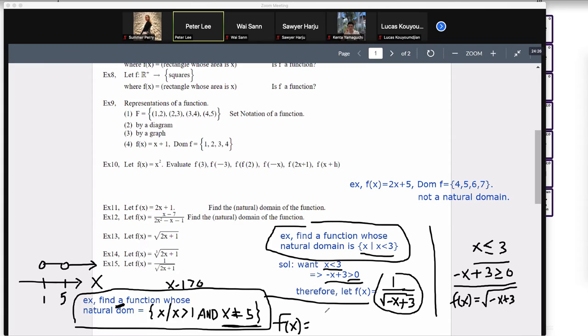All we have to do is put this in the denominator. And x cannot be 5, so we'll just add 1 over x minus 5. That will do.